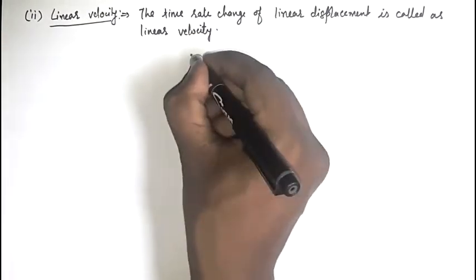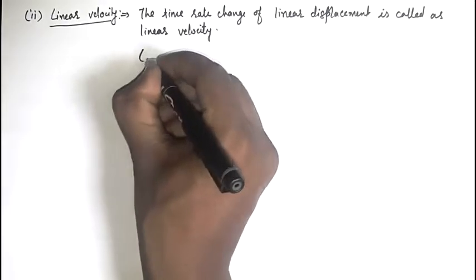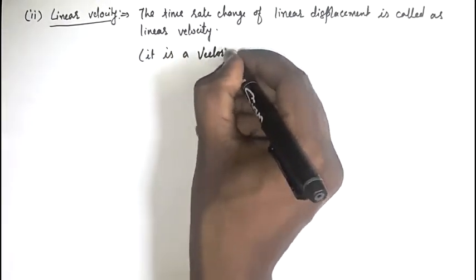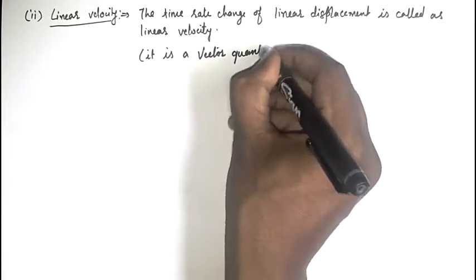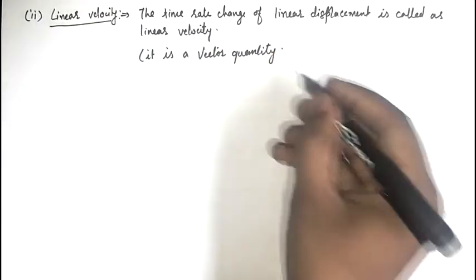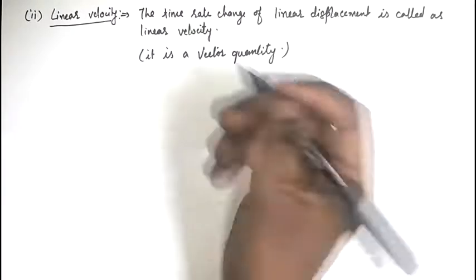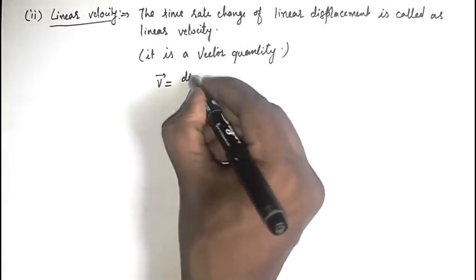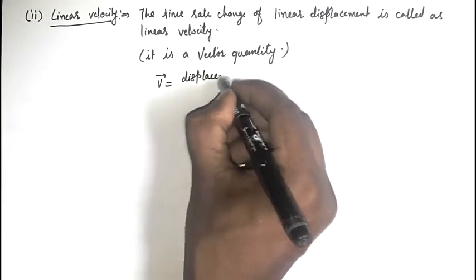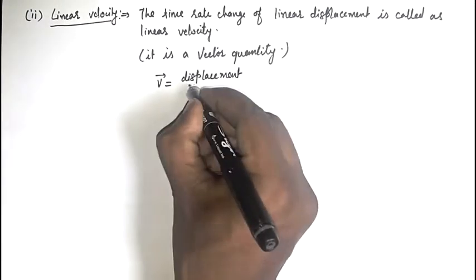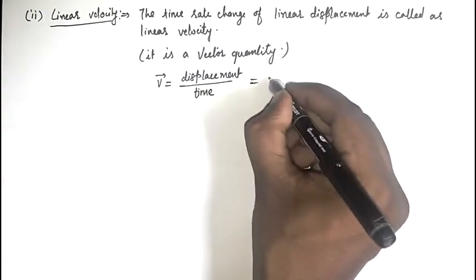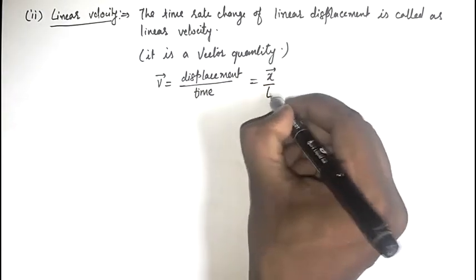We can write this linear velocity expression-wise. You have to note one thing, that it is a vector quantity. Vector quantity means it has direction as well as magnitude, meaning numerical value. Now V can be written with the vector sign, V vector is equal to displacement upon time.